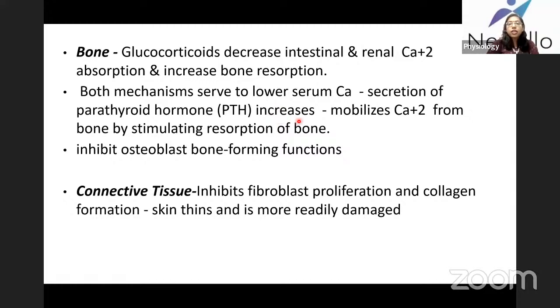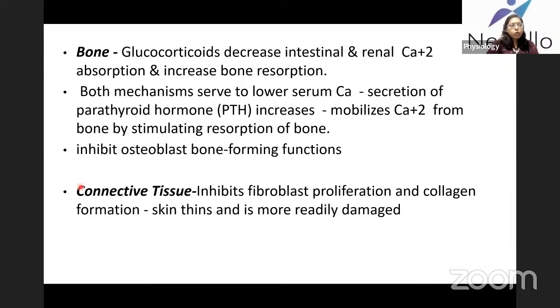Parathyroid hormone increase results in mobilization of calcium from the bone by stimulating the resorption of bone. So all these activities make bone brittle, and there are increased chances of fracture after a prolonged treatment of steroids. It also inhibits the osteoblast bone forming effect of the body.